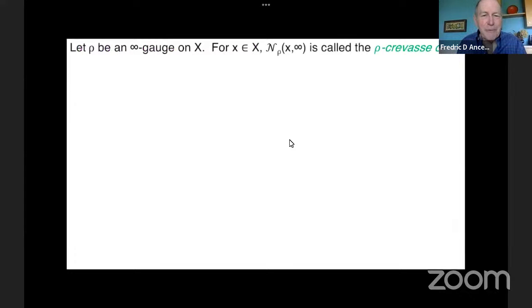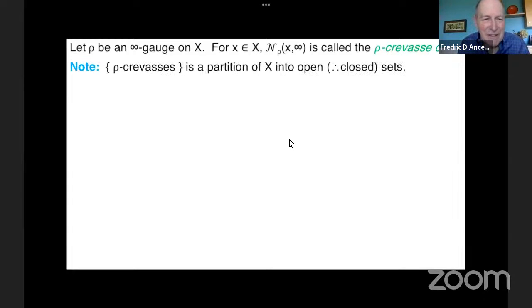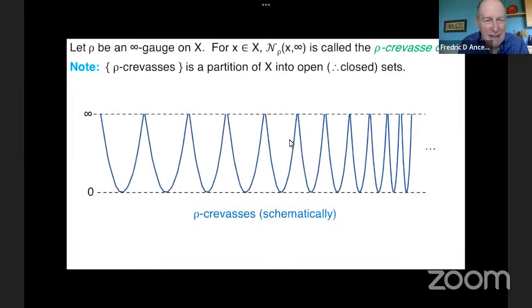And if they do, and you look at the subsets of the epsilon neighborhoods where epsilon is equal to infinity, then you get things I'm calling crevasses. Here's a schematic picture of what I'm thinking about. The space is divided up into these open sets that are infinity neighborhood points.